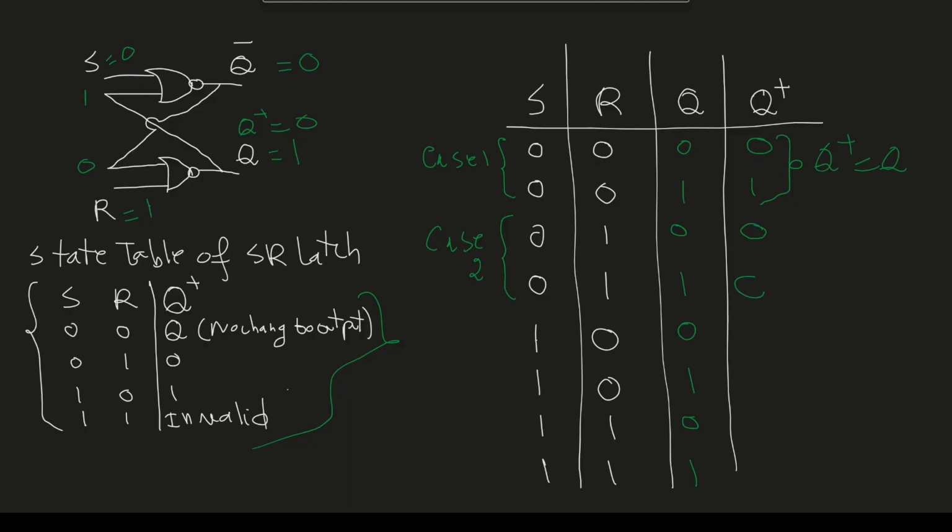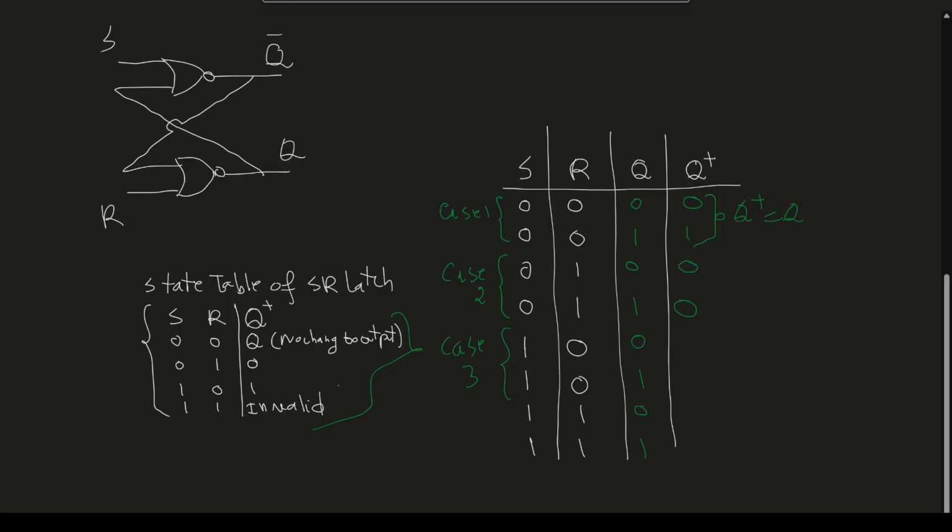So in this row, we'll have 0 again. So clearly we see that the next state Q plus is equal to 0 independent of the past state. So when Q is 0, the next state will be 0. When Q is 1, the next state also will be 0.